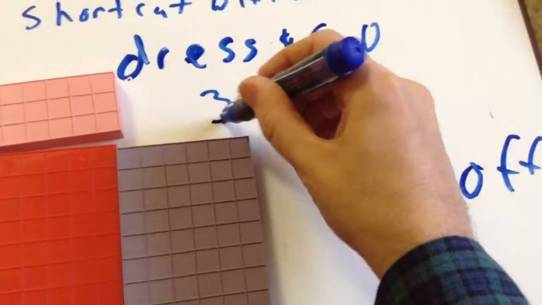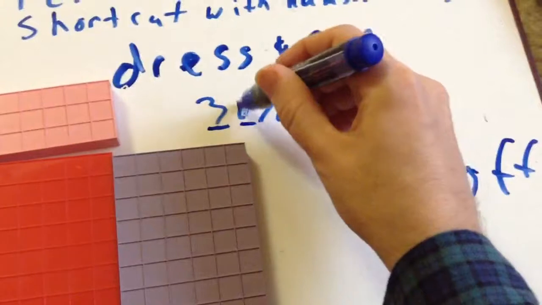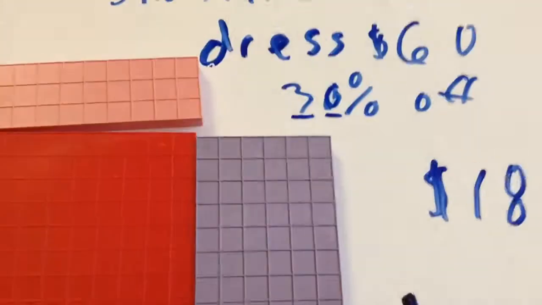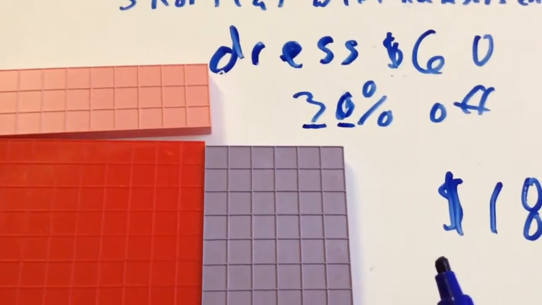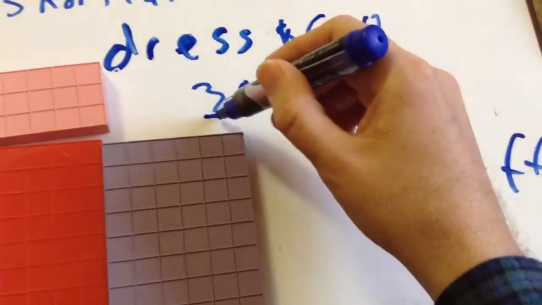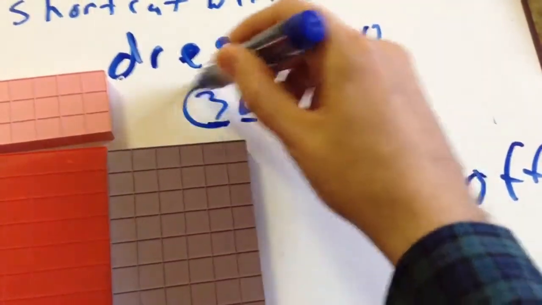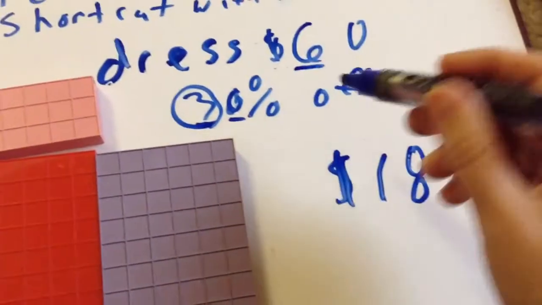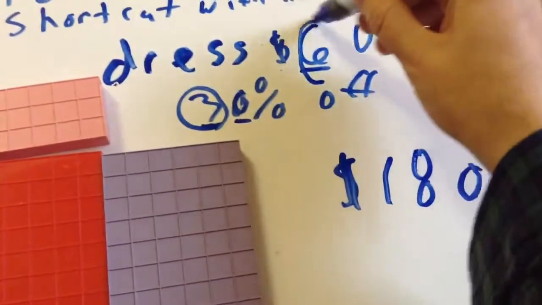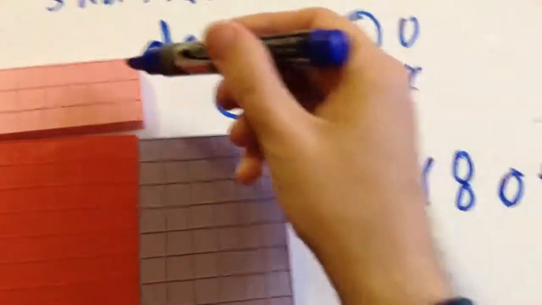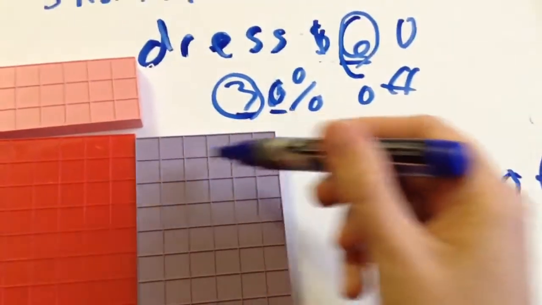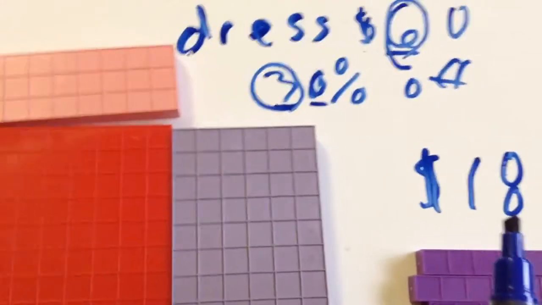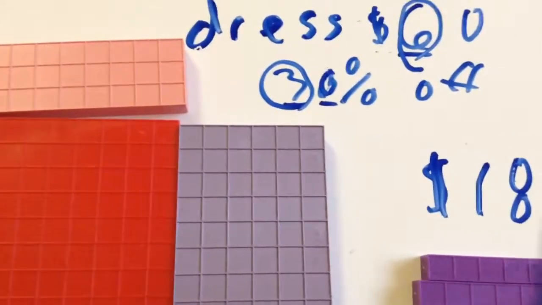These are called digits. A digit is a part of a number. Okay, so we took the first digit, which is 3, and we multiply that by the other first digit of the other number, which is 6, right? We multiplied 3 times 6, and we got our 18. Okay, so that's a shortcut.